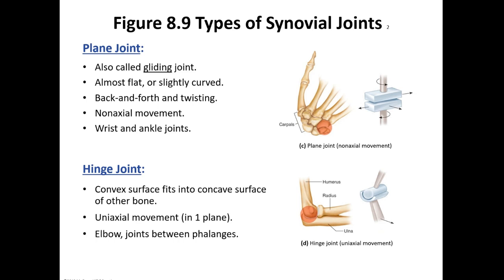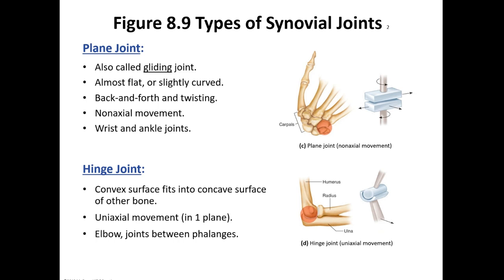So hinge joint exists between the 3 bones of our fingers. Each finger bone, the 3 bones in them has what they call hinge joint. That allows us to bend the finger like this. See that? Because of hinge joint. So let's look at diagram D. It's showing us hinge joint of the elbow between the ulnar bone and the distal part of your humerus.